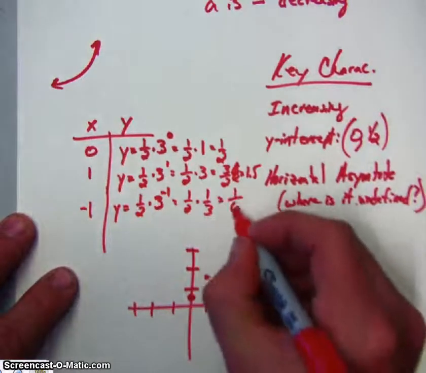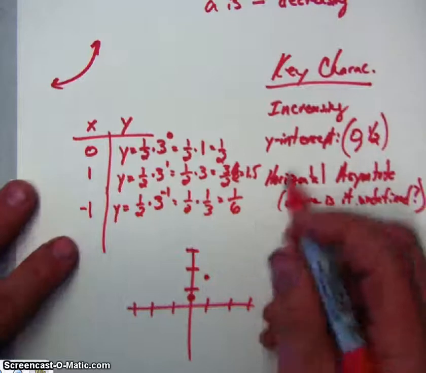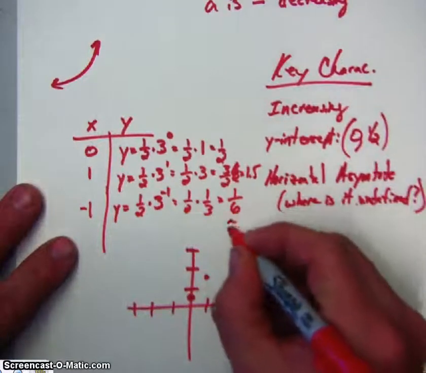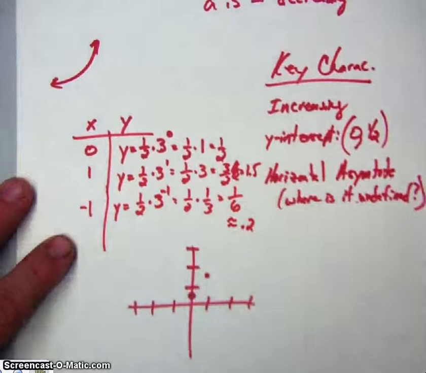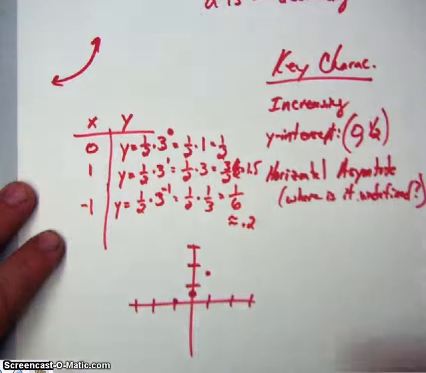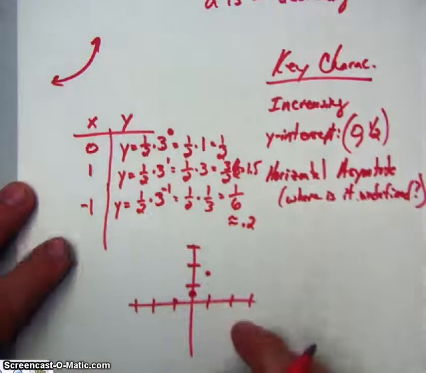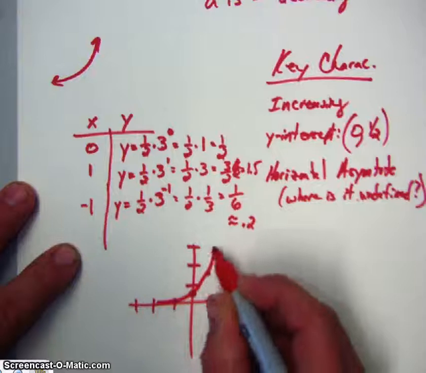So now this is 1/6. And 1/6, use a calculator, is approximately 0.2. So at -1, 0.2 is just barely above the x-axis. So you can see how my curve is. I'm just going to go ahead and curve it like so.